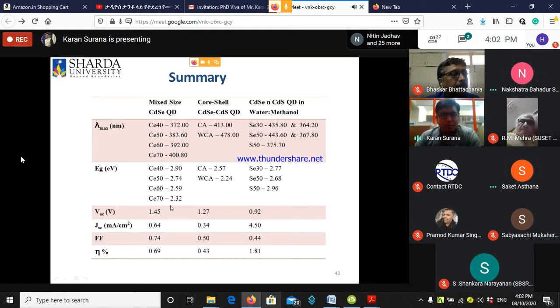This led to the improvement in the VOC, although because of the use of the solid polymer electrolyte, there was a decrease in the efficiency. However, in the third system, with the graded structure of QDs and the passivation layer which stopped the recombination and other factors, we were able to obtain a good VOC and efficiency.